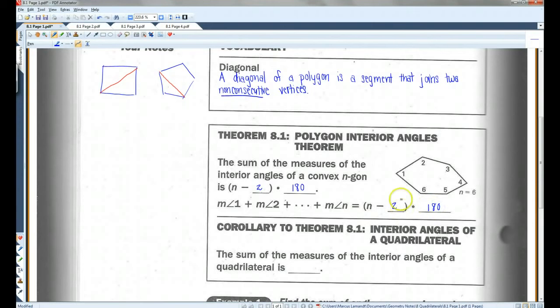And we'll do an example of that in a sec. A corollary: the sum of the measures of the interior angles of a quadrilateral, remember a quadrilateral has 4 sides, is 360. Any quadrilateral, if you add up all 4 angles, you get 360 degrees.